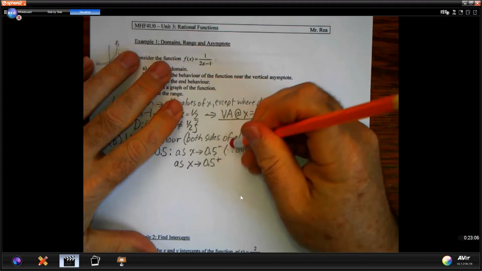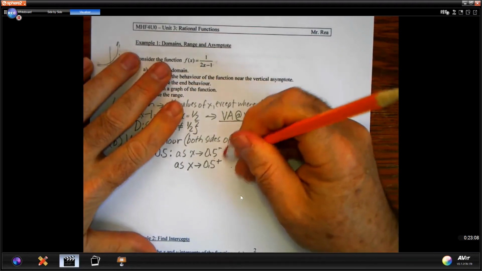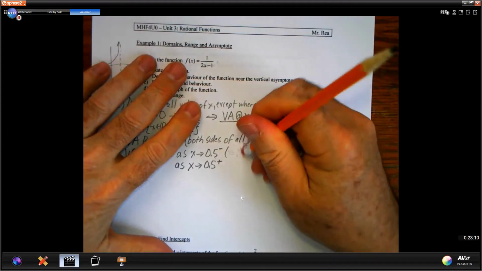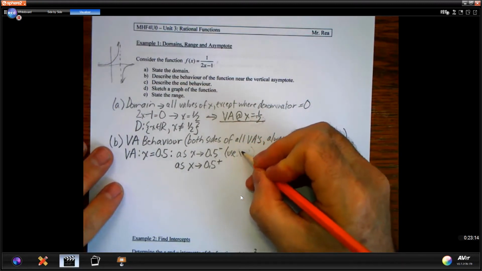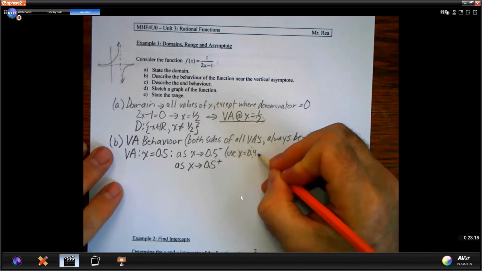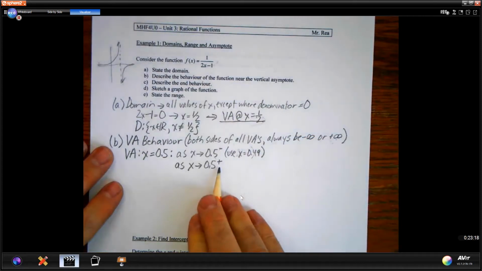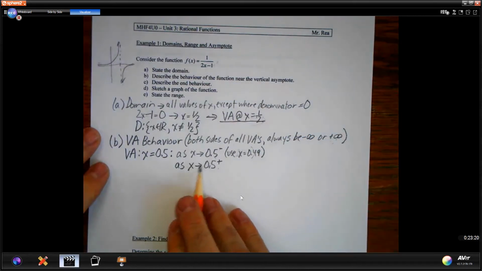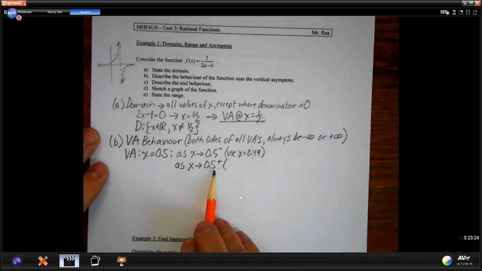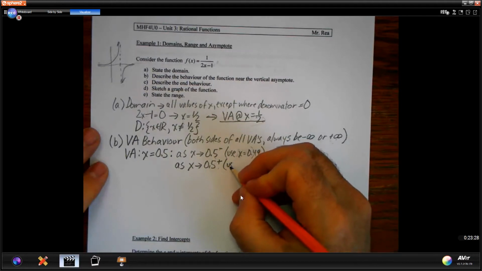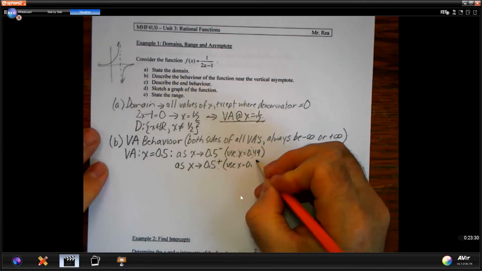So I should put the word use. You don't have to. This is a fairly arbitrary value that I always use. Now for the second branch here, for the behavior from the right side, the value will be 0.01 higher than the 0.5, so I'm going to use x equals 0.51.